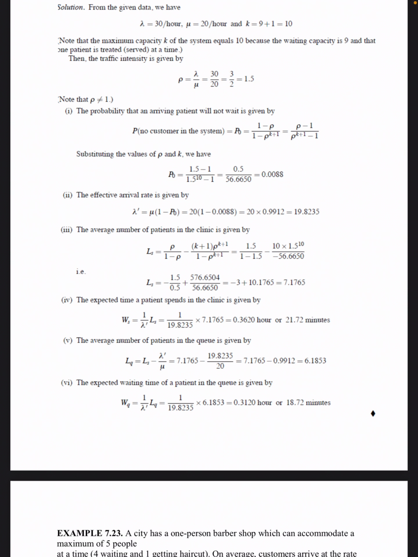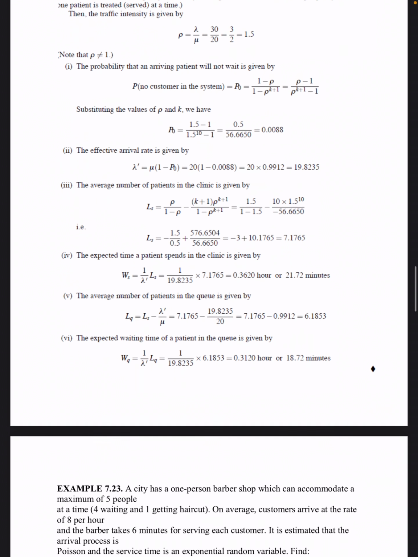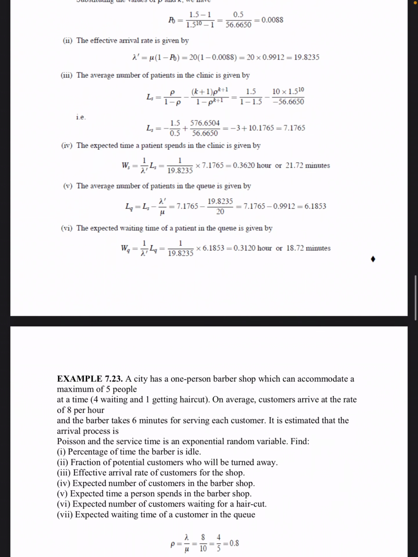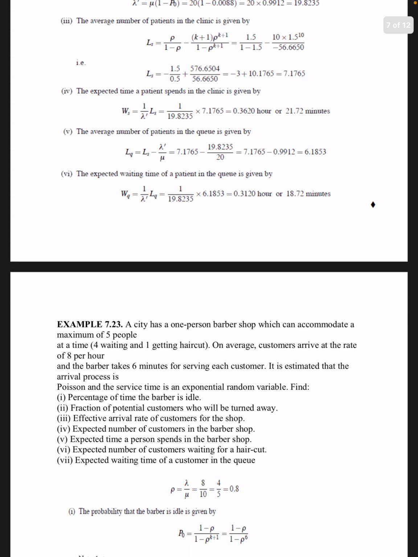Ls equal to 7.1765. The expected time a patient spends in the clinic is given by Ws equal to 1 by lambda dash Ls, that's equal to 21.72, and LQ equal to 6.1853, and waiting time is WQ equal to 18.72.